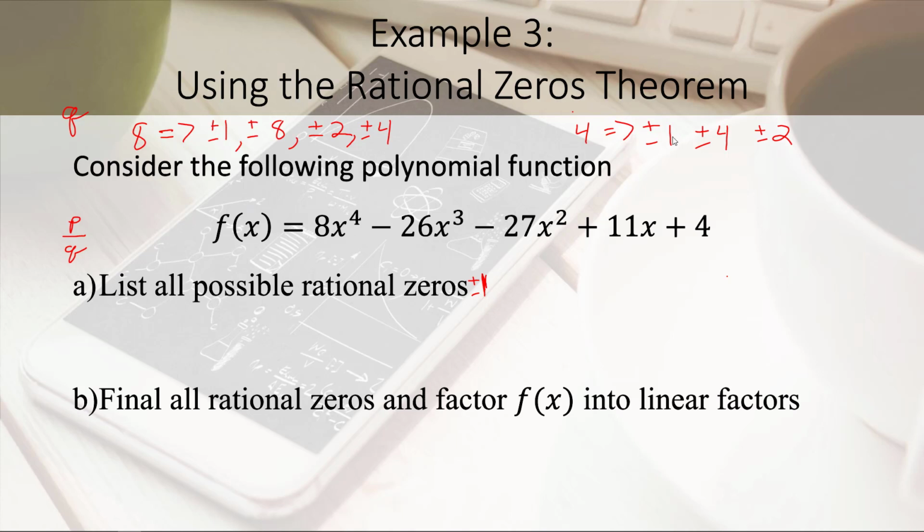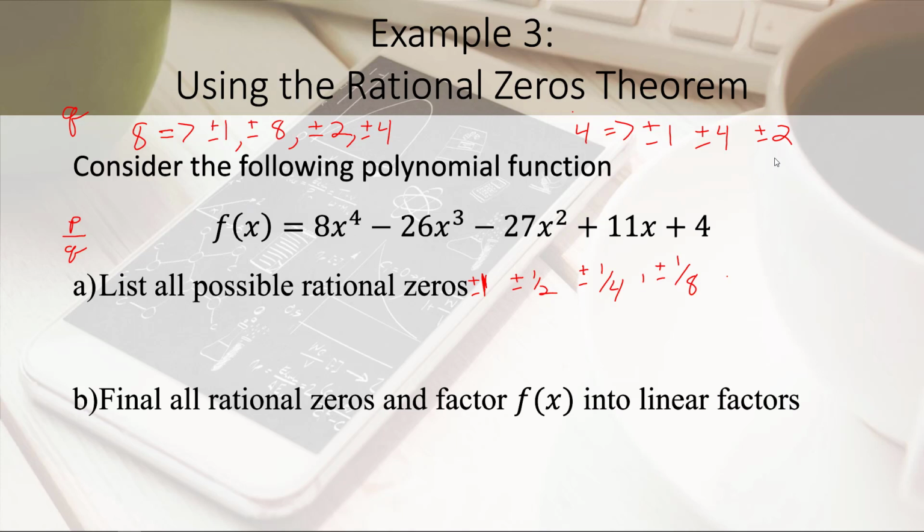The other possible zero is plus or minus 1 over plus or minus 2, which will give us plus or minus 1/2. Then plus or minus 1 over plus or minus 4, which will give us plus or minus 1/4. And then plus or minus 1 over plus or minus 8, which will give us plus or minus 1/8. Okay, so that's all of the ones that we have.